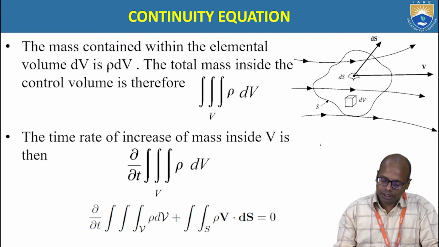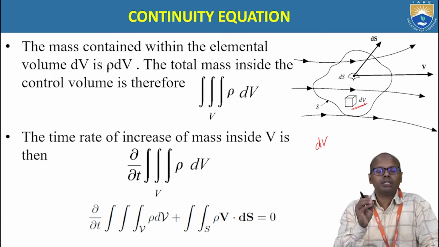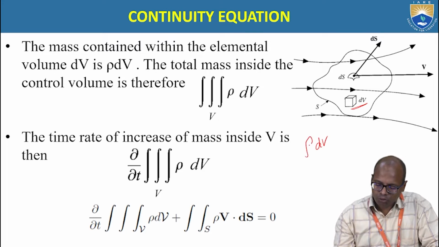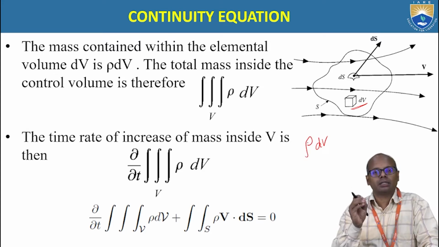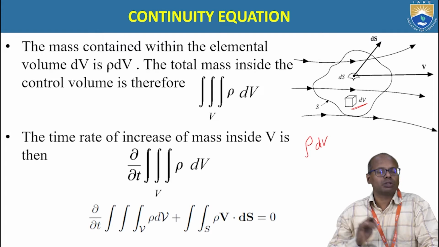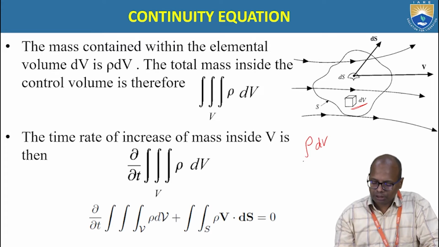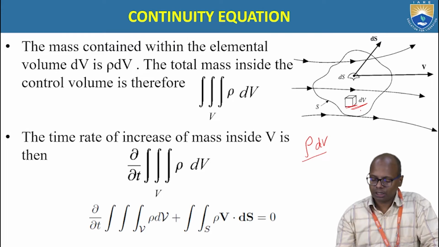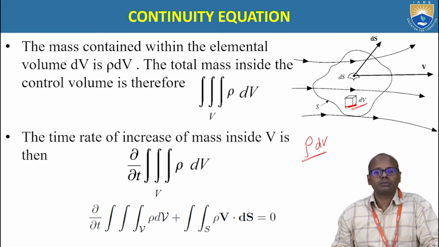We have taken this dV here. If dV is a small volume inside the control volume, and if rho is the density of the fluid inside the control volume, then the product will give the mass of this small control volume, which is rho into dV.